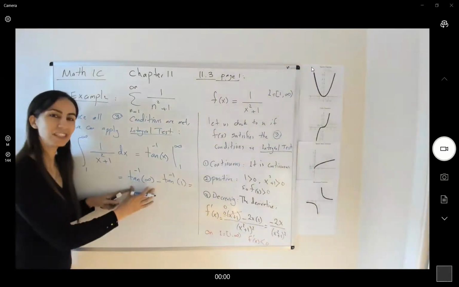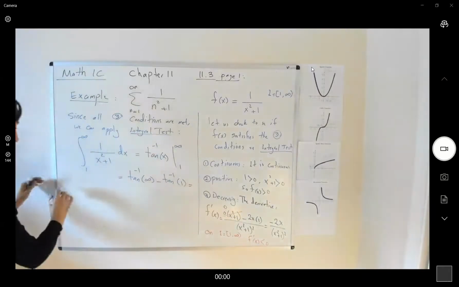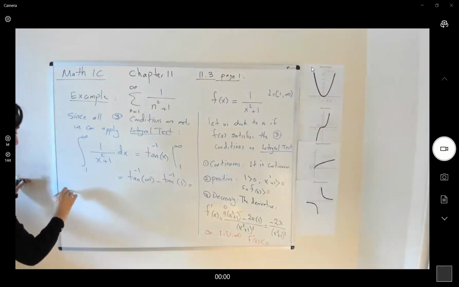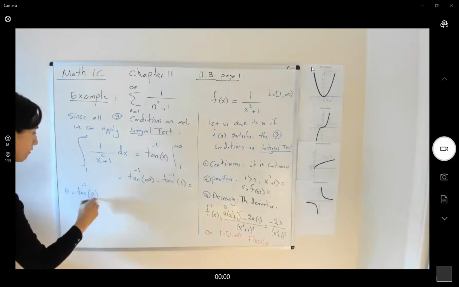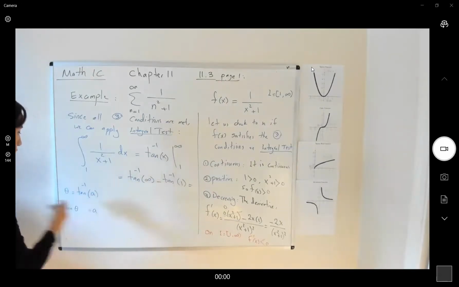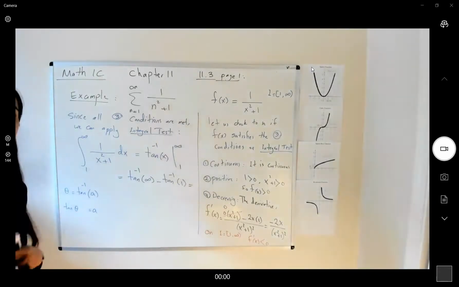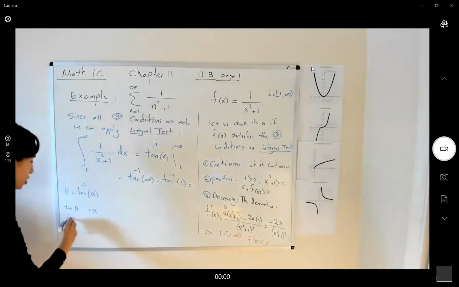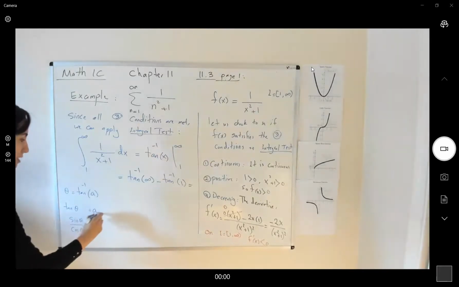So what is inverse tangent of infinity? Remember, if you think about it this way, theta equals inverse tangent of a value. That value is equal to the tangent of that angle. But how do you define tangent? Tangent is sine divided by cosine. And you know that this value is infinity.